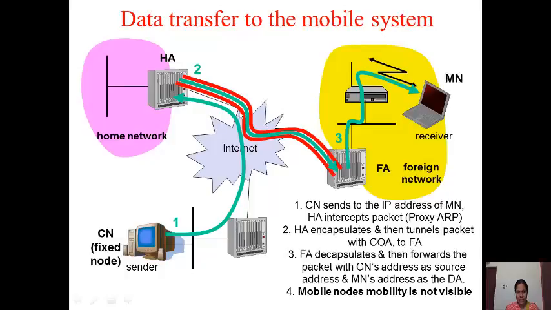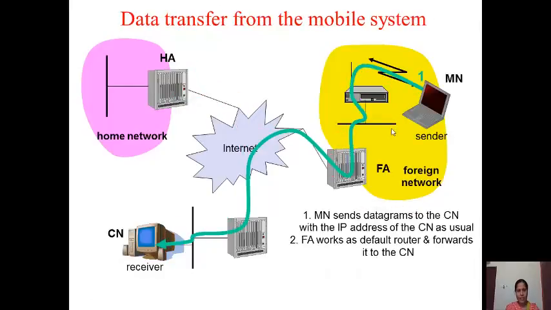The red lines given over here are the tunnel, and a care of address has been assigned to this tunnel endpoint, encapsulated by the home agent to be delivered to the foreign agent, where the foreign agent decapsulates it and uses the original addresses of the correspondent node and the mobile node to extend the communication for delivering the data packets. Right? So this is the data transfer happening between a correspondent node and the mobile node, where the mobile node is in a foreign network.